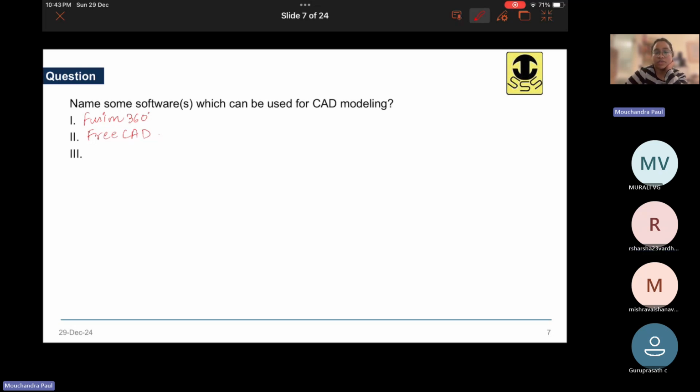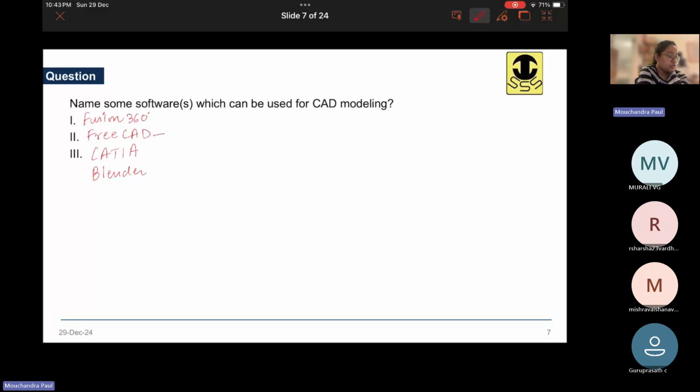Anyone else would like to contribute to this list? Yes, there is Blender as well. You can use Blender to create CAD files.